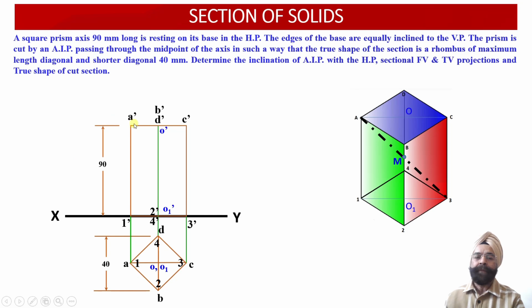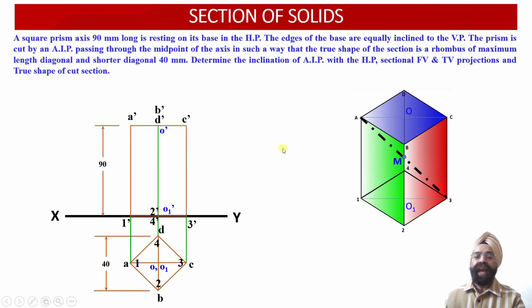That is why the object line projection drawn for the front edge, B dash 2 dash, overlaps with the hidden line projection of the vertical edge D dash 4 dash. So we are not able to observe the hidden line projection of the edge D dash 4 dash in the front view projection.